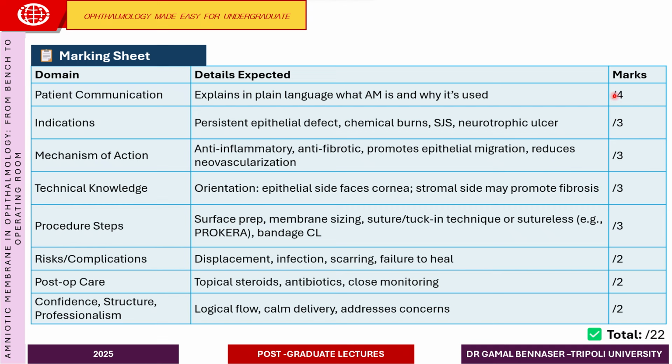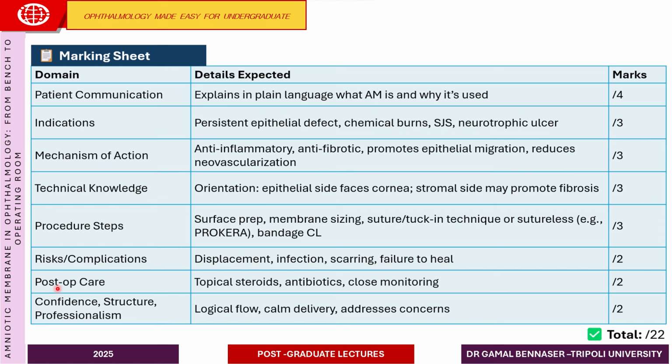There will be some marks for patient communication, how you explain to the patient in simple language. Also, when you answer, for example, the indications for the use of amniotic membrane, such as persistent epithelial defect and chemical injuries and so on, you will have a mark out of 3. Also the mechanism of action, the technical knowledge, procedure, risk, complications, post-operative care, and the confidence.